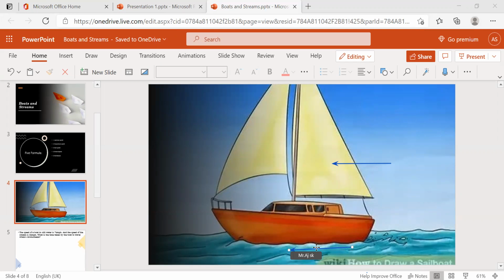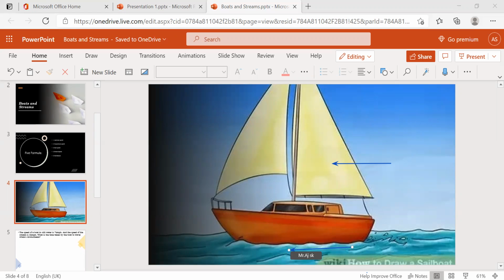The same here: whenever the river flows along with our boat, its speed will increase; if against our boat, the speed will decrease. So against the boat we call upstream, and along with our boat, downstream. Now we'll see the formulas for downstream and upstream, what the boat speed and stream speed are, and then we'll solve some basic problems also.